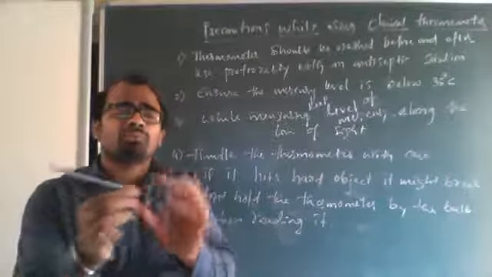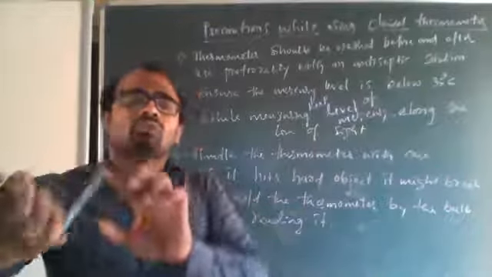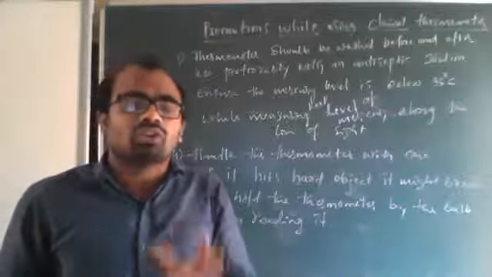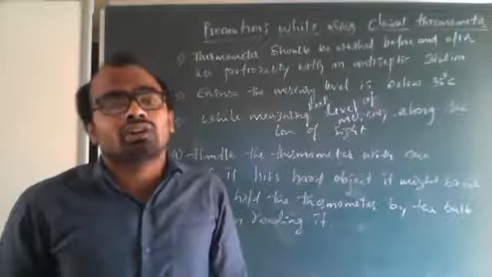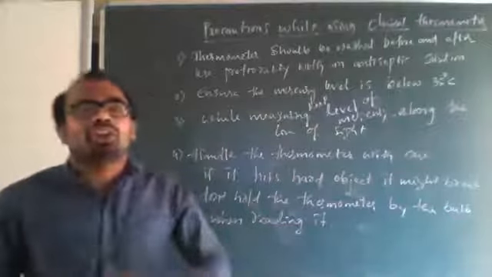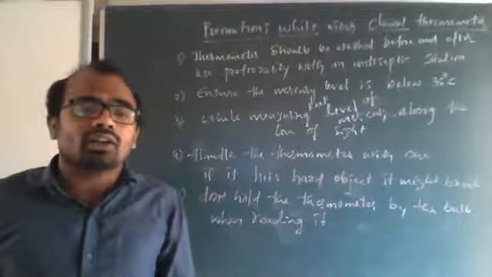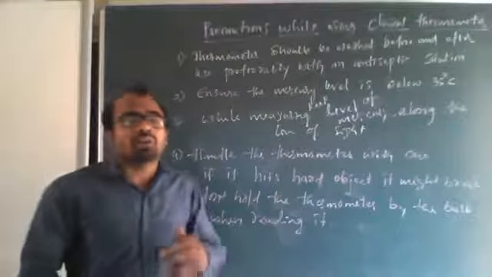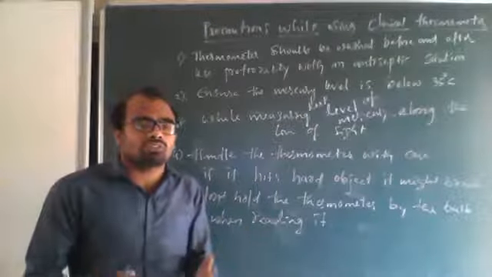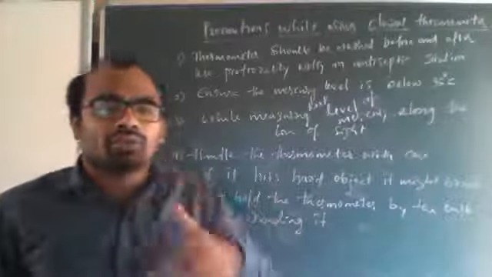So if you hold here, then you have to keep the other side under your tongue, and that will not measure anything. That is why, to measure the temperature of a body, you have to hold the thermometer by the other side, and the bulb which has the mercury should be placed below the tongue.